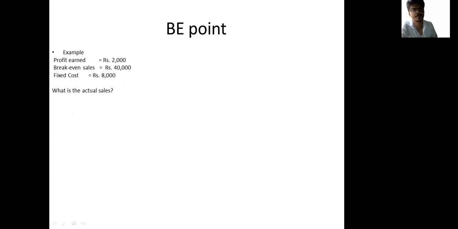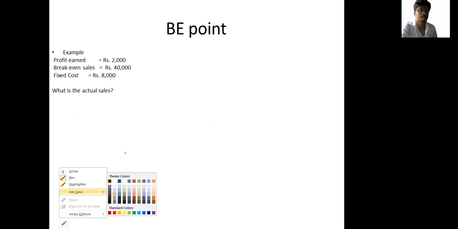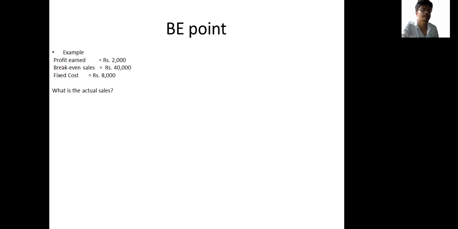So here we have been given the contribution, simply: contribution minus fixed cost equals profit.